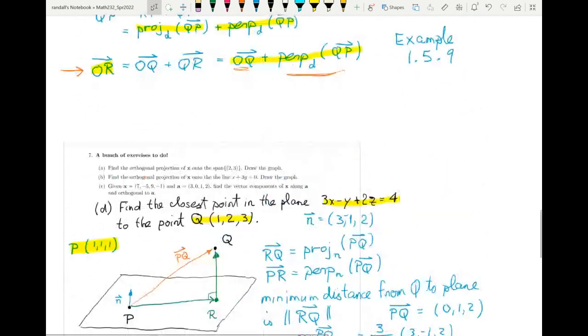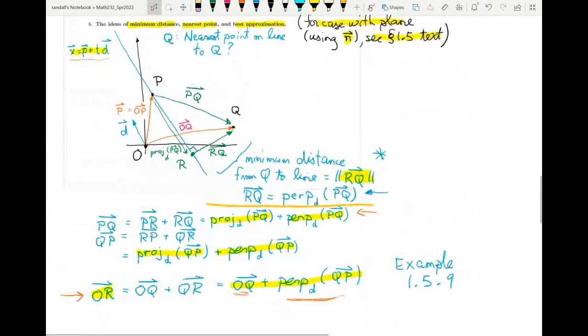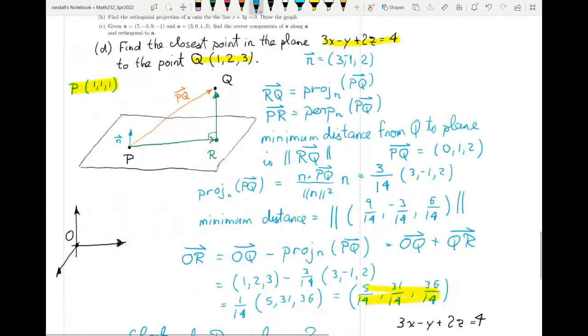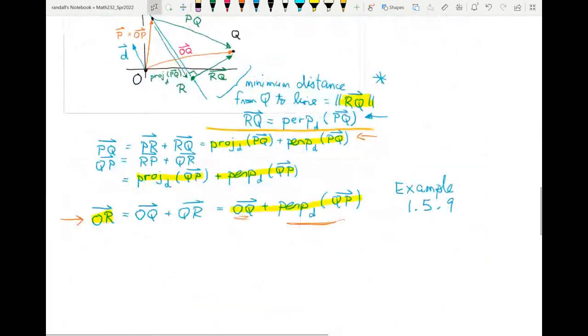So what I want to put at the bottom here is the minimum distance. So, just a bit of a summary.